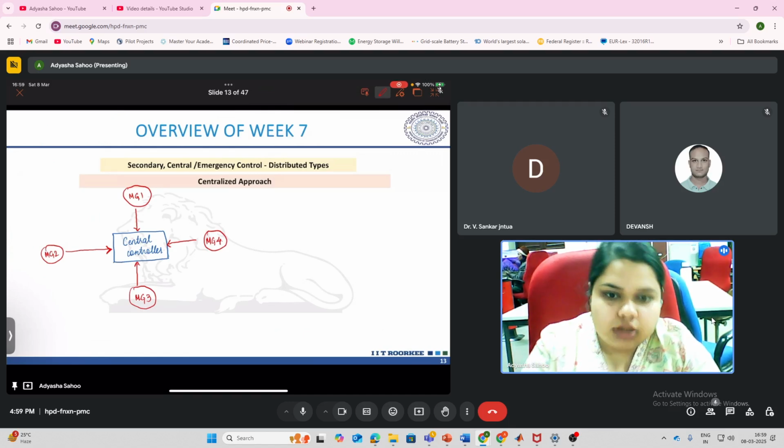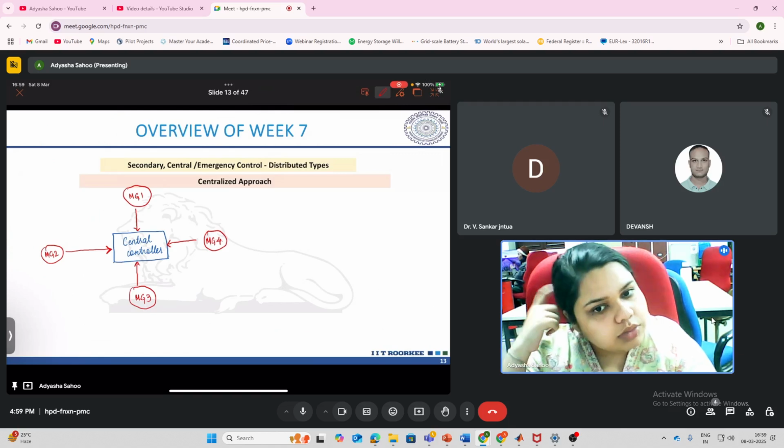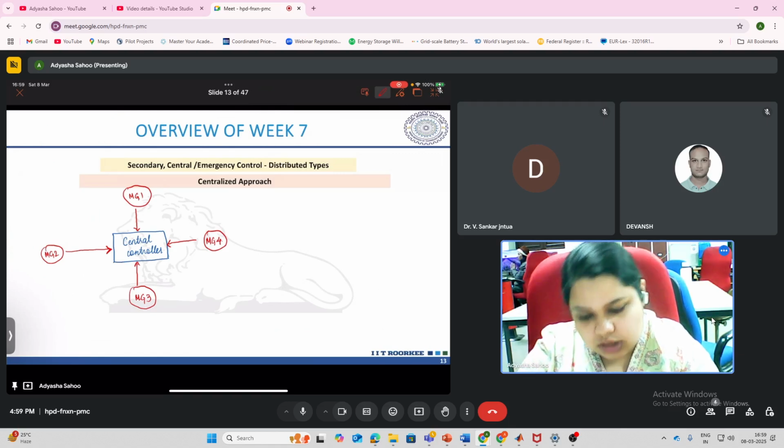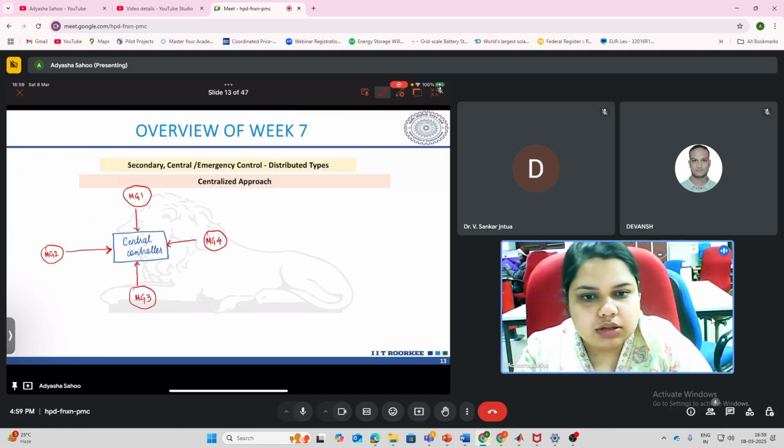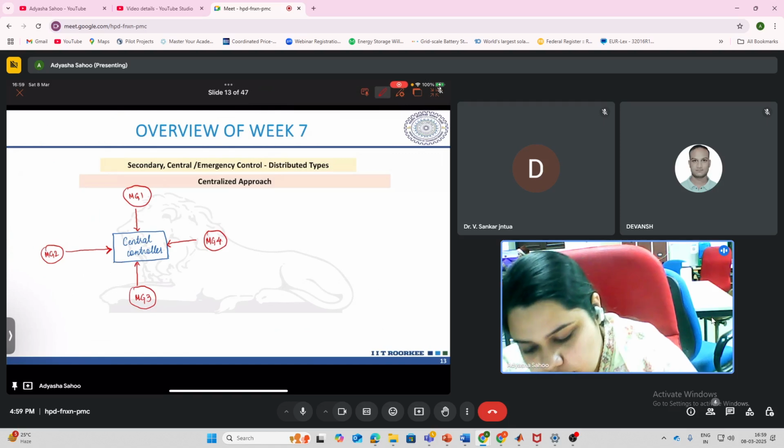After that, the central controller will solve the optimization problem to decide the dispatch schedule for all these microgrids, considering the economics to minimize the overall operation cost. And once the dispatches have been decided, it will give that information back to all the microgrids.